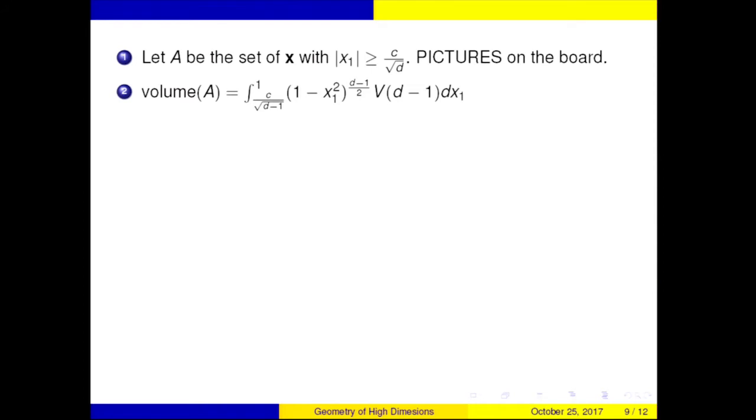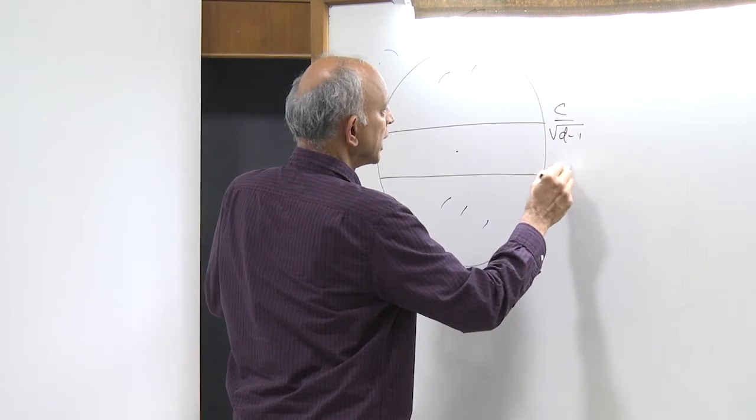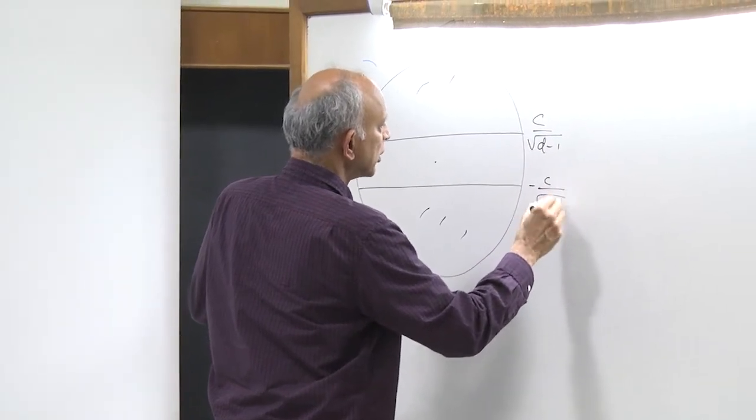In that case, I made a mistake. There's a factor of 2 missing, sorry. What I have here is only the top part, and it should be d minus 1 there, excuse me. So it should be c over root d minus 1. So in the picture, I'll indicate all this: this is c over root d minus 1, and minus c over root d minus 1.